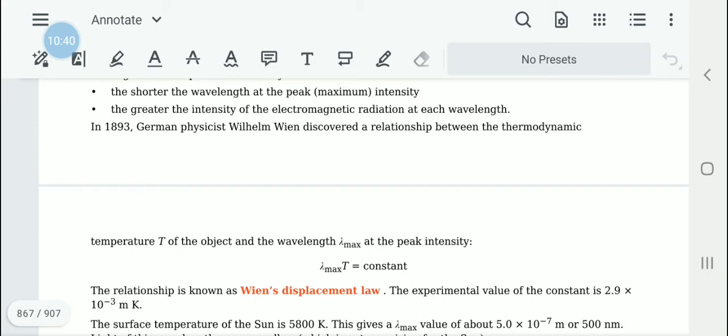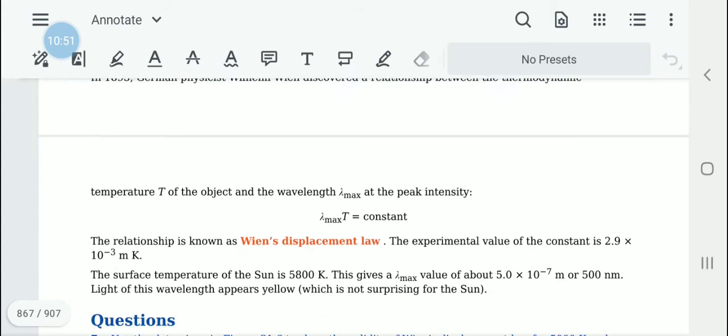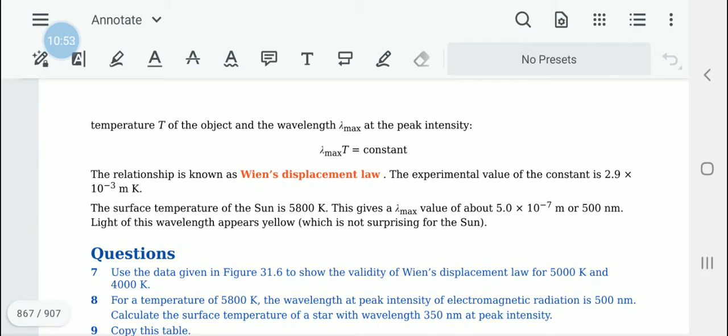The thermodynamic temperature T times the wavelength max at the peak intensity is a constant. And this has an experimental value of 2.9 into 10 to the power minus 3 meter Kelvin.